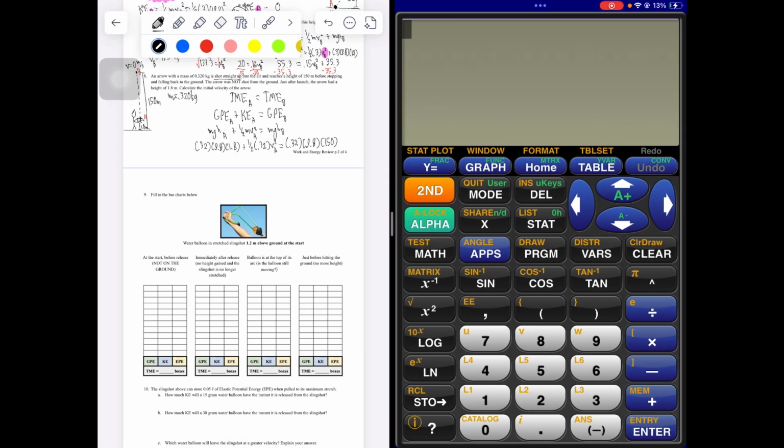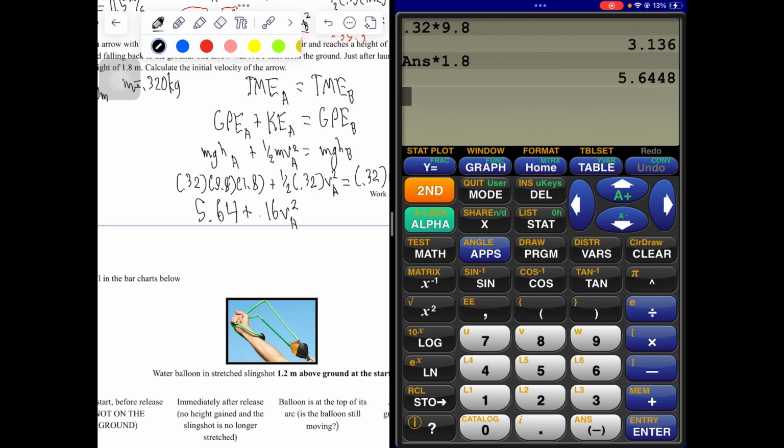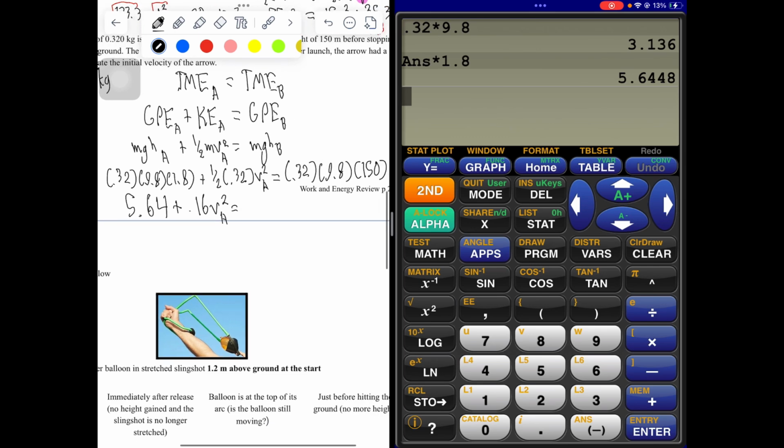We are saying we're going to start off with 0.32 times 9.8 times 1.8. This is giving us 5.64. We'll round to the second decimal this time. 1/2 of 0.32 is 0.16. We have to bring along our velocity, our unknown, what we're solving for.